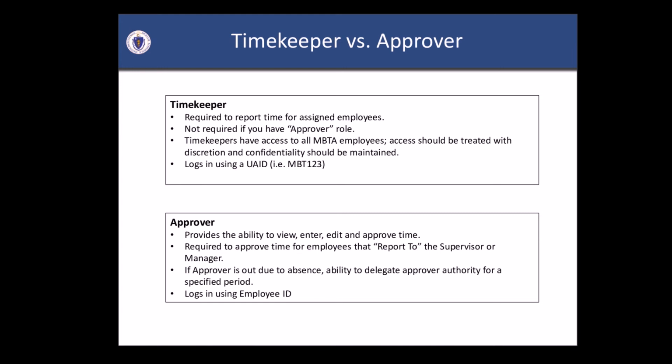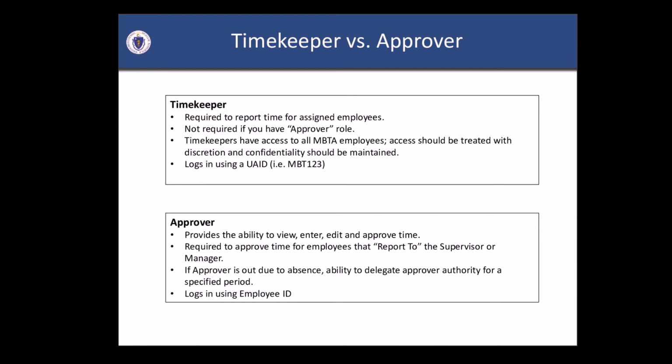So you guys as time approvers, you have the ability to view time, to enter time, edit time, and also approve time. So your employee ID actually gives you a lot more access, and you're able to do a lot more with your approver ID than you are if you also have a timekeeper ID.